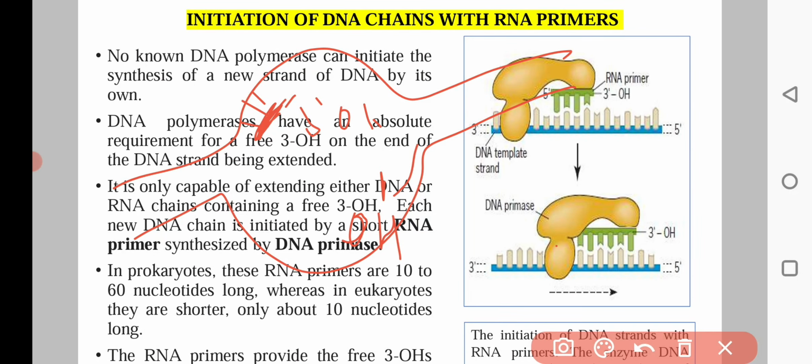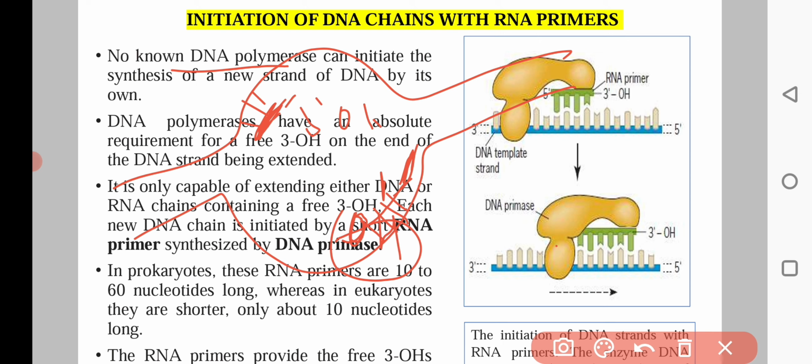So here you can see that this DNA polymerase requires that some strand be there and a free 3' OH group be there. On this free 3' OH group, it can only extend the strand.